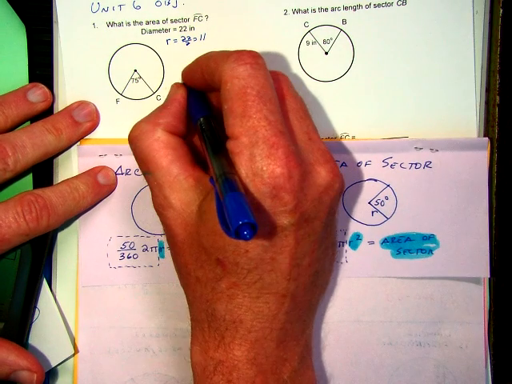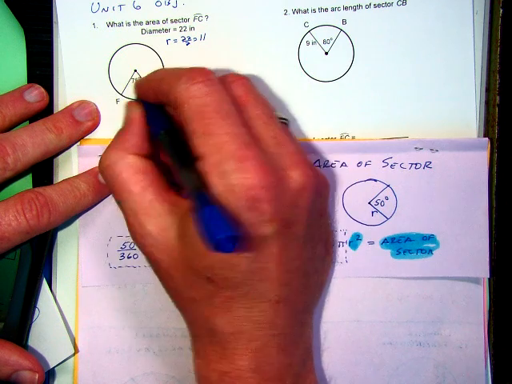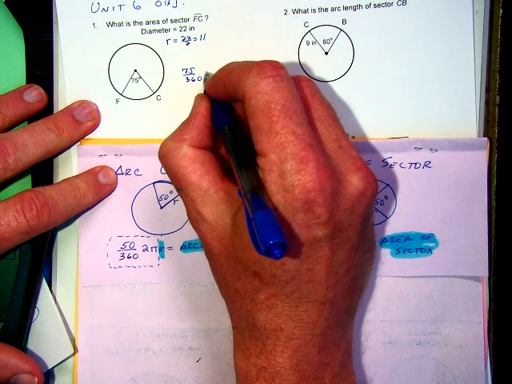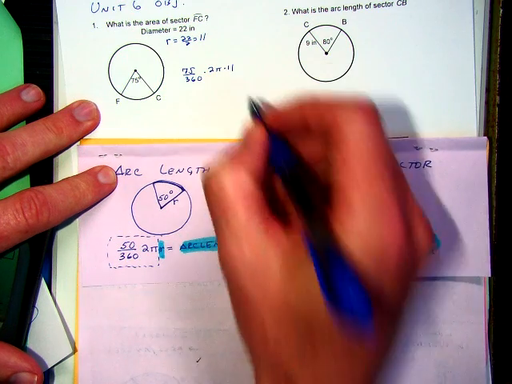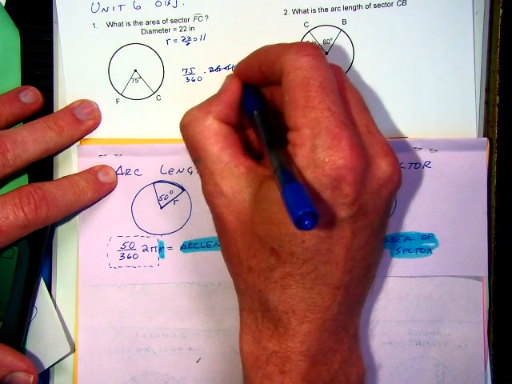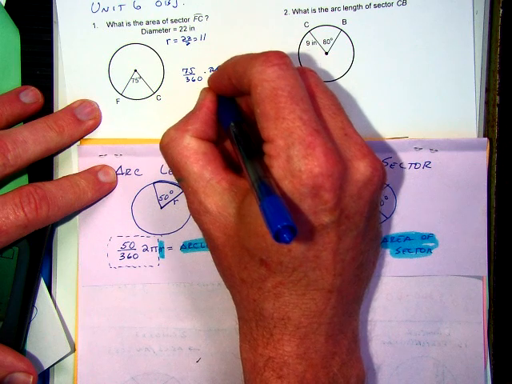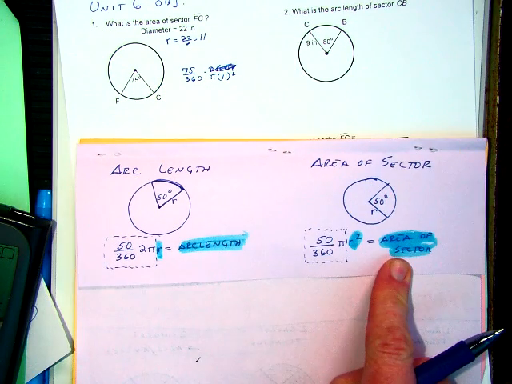So I'm going to do 75 over 360, because that's the angle in the middle, times pi times 11 squared, because remember, it's pi r squared. This is area of the sector.